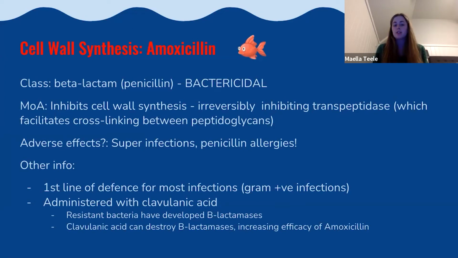It can also lead to superinfections because there are a lot of bacteria now which are resistant to amoxicillin, so you've got to keep that in mind as well. But it pretty much is a first line of defense for most infections, especially gram-positive infections though. And a little side note is that it is administered with clavulanic acid, which helps to counteract resistant bacteria.